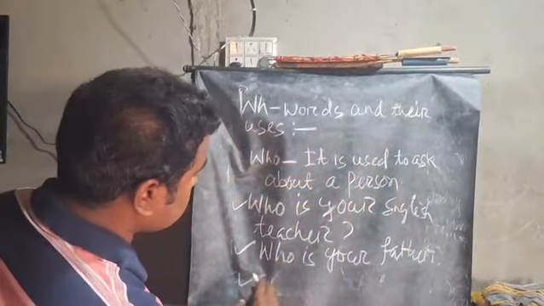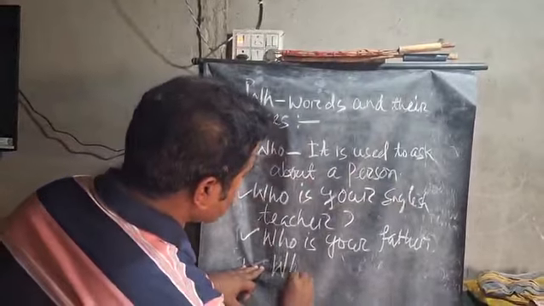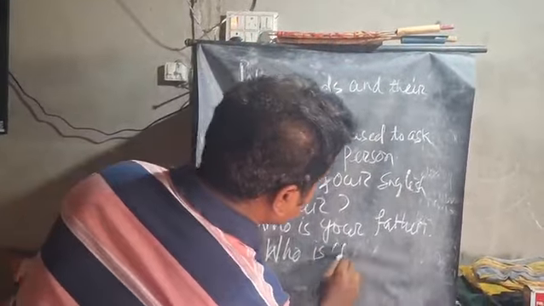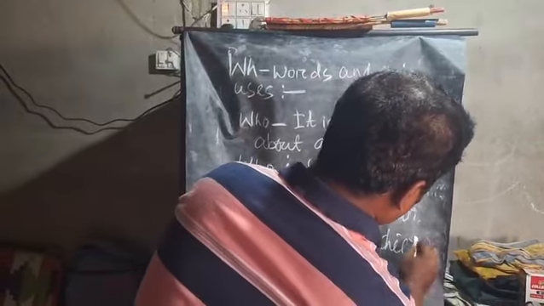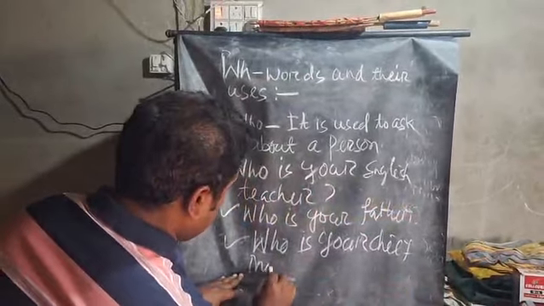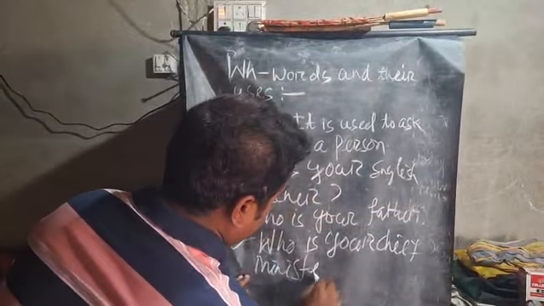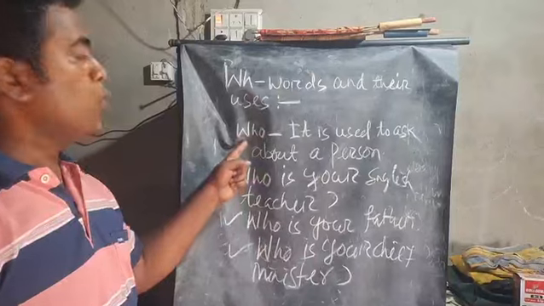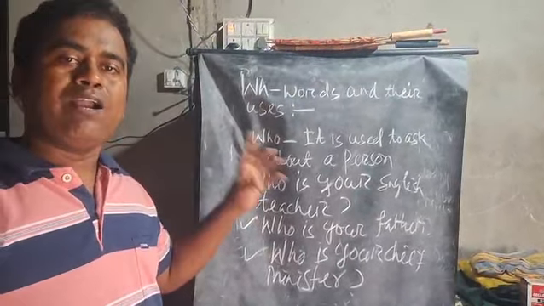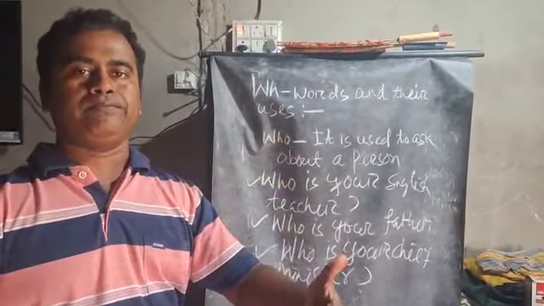Then the third one is, who is your chief minister? Clear? So like this we use who, the WH word, for asking about a person.